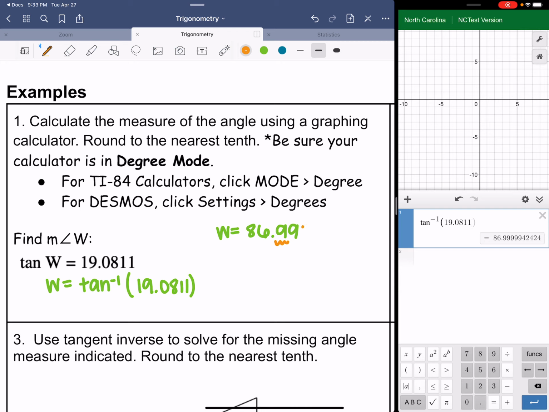That first decimal place depends on the number behind it. The 9 in the second decimal place is going to bump the 9 in the first decimal place up to a 10. Well, we can't write a 10 in 1 decimal place, so that transfers over to the next number, 6. So the angle W, if we're rounding to the nearest tenth, is going to be 87.0 degrees.